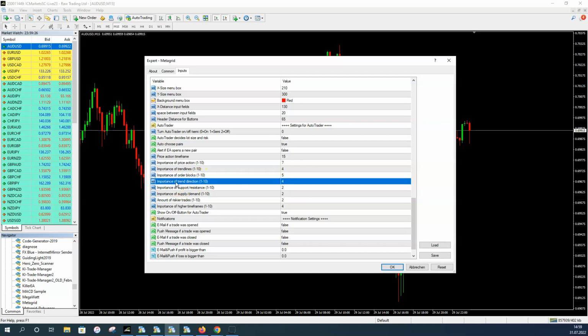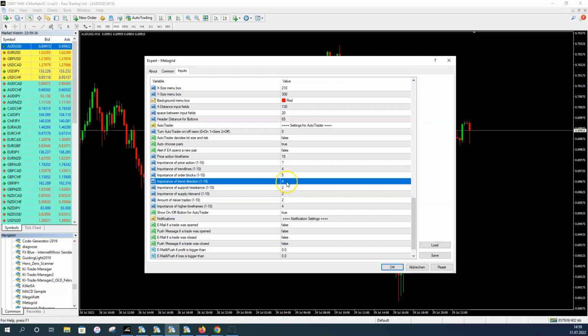Then we have the importance of trend direction. This means whether the EA should trade only in the trend direction, or whether this is not so important for you. Maybe you think, okay, it's a very low number. Why is this number not higher? The reason for this is, especially on price action and on order blocks, we see very often that we get smaller trades, maybe scalping trades or trades which take some hours, which are in the opposite of the trend direction.